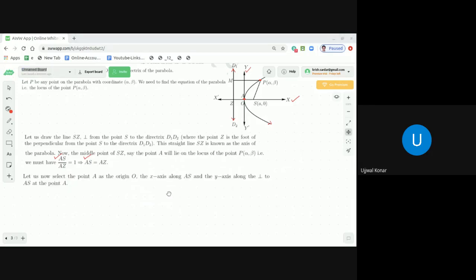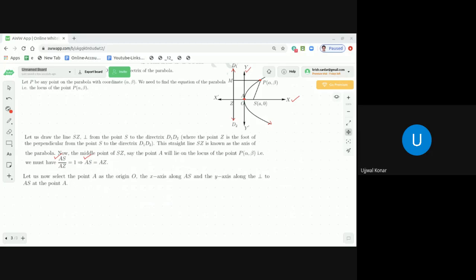Okay. Now let us take AS equal to a, because the focus is at the point a comma 0 and A is the origin, which is coinciding with the point O. If AS is equal to a, then definitely AZ should also be equal to a, because we just observed that AS is equal to AZ. Correct?